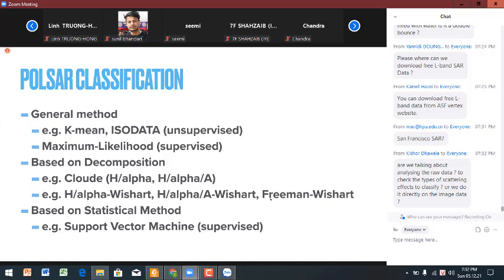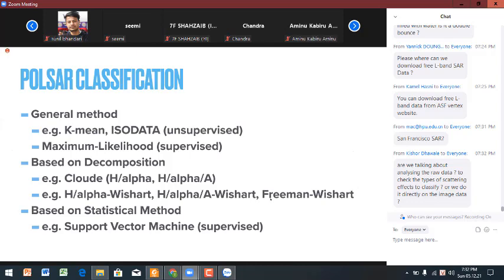You can download it for free, and it has lots of these decompositions inside and tutorials on polarization. I think some of my slides are even from that tutorial. If you're interested in polarization, that would be the best tool available.